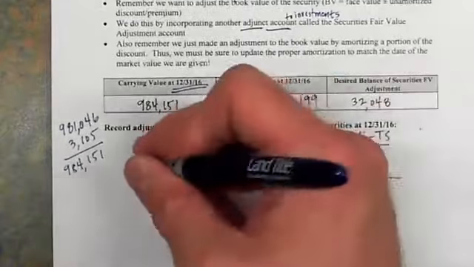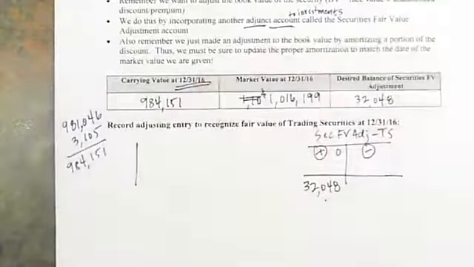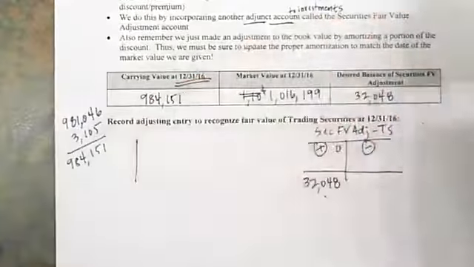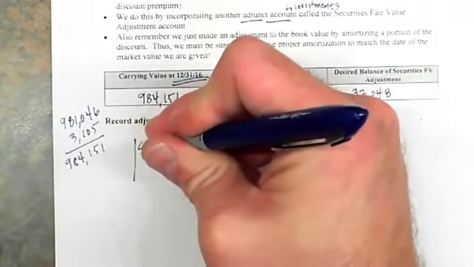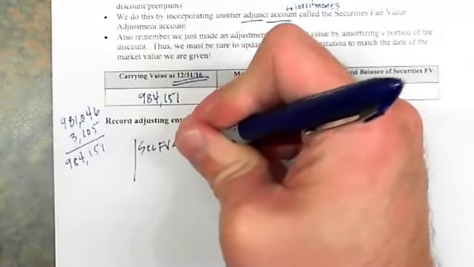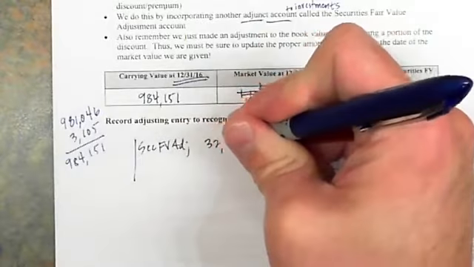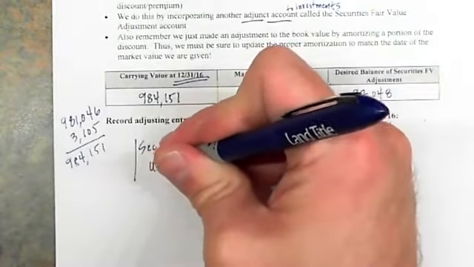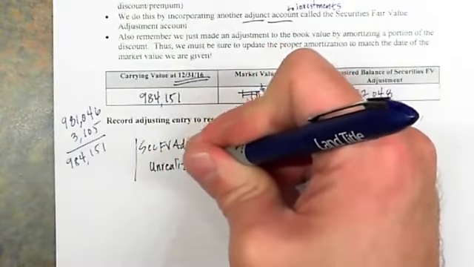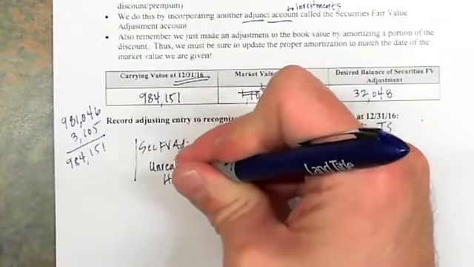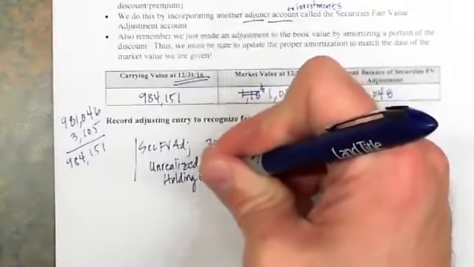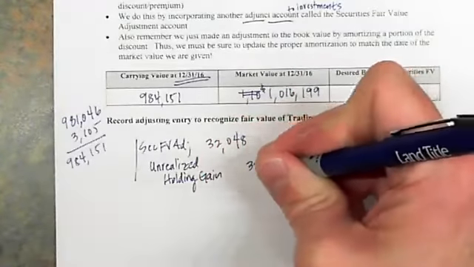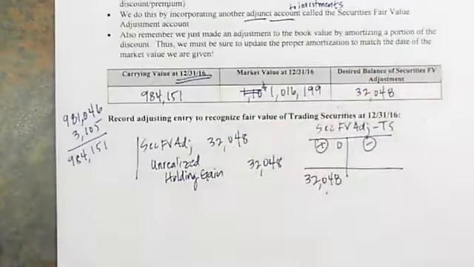We want that debit balance, so in order to get it, we're going to have to make a journal entry. We make the journal entry as follows. We debit security fair value adjustment by $32,048, and we will credit what we call an unrealized holding gain. It is just like it sounds.